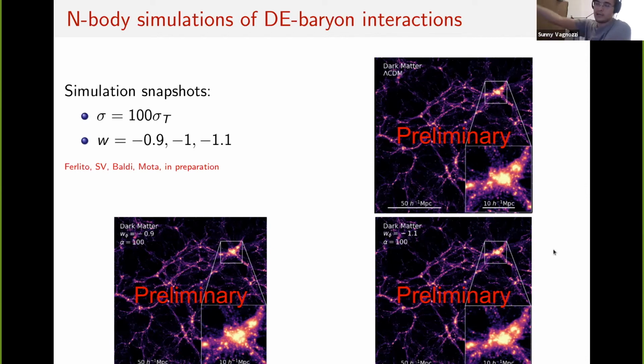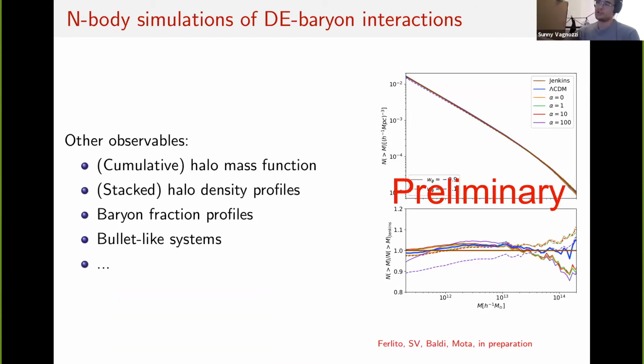Besides looking at the clustering of the large scale structure, we're also trying to understand other observations like the halo mass function, density profiles, the baryon fraction profiles, and even systems like the Bullet Cluster. Because in this case, you have a force between dark energy and baryons. So dark energy can direct the baryons, but not the dark matter.